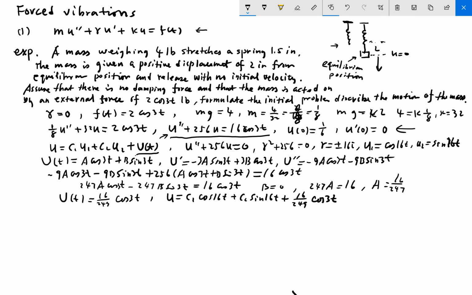See, you find the capital U, right? This one is a solution of that differential equation. However, this one does not satisfy your initial condition. That's why we still need to find a general solution.